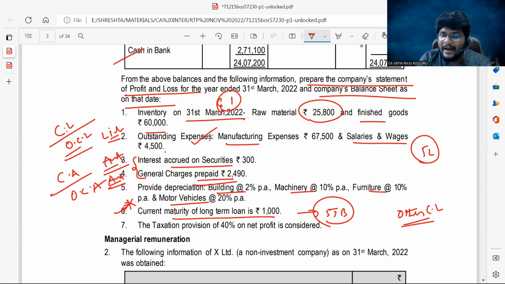Now, at the end of the first year, within the 12 months, half of the amount you are going to redeem, right? Such 2.5 lakh, half of the amount, you can call current maturity of the long-term loan.